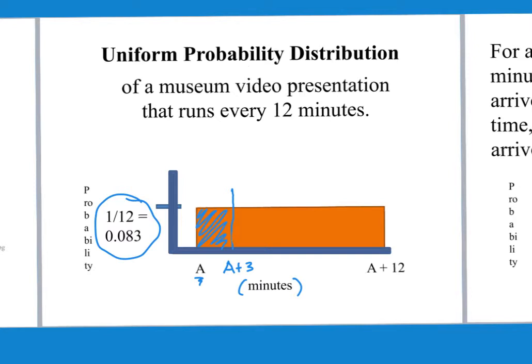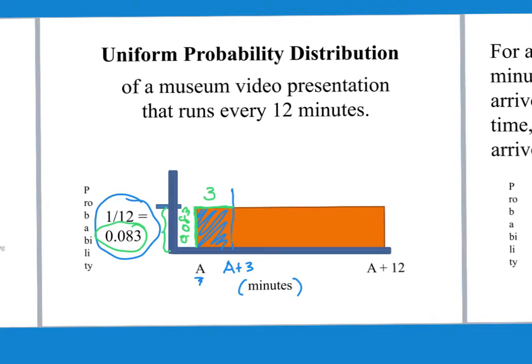We can really look at this as an area problem, because the probability here is 0.083, or 1/12, and that can be considered the length of this side, whereas the width of this side measured in minutes is 3.